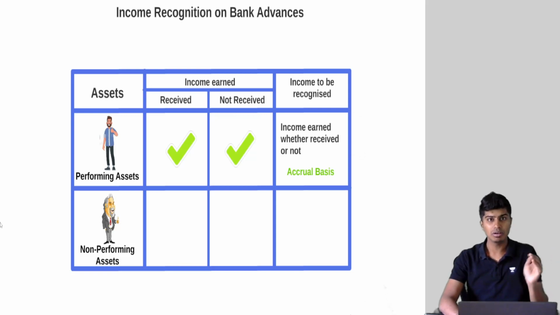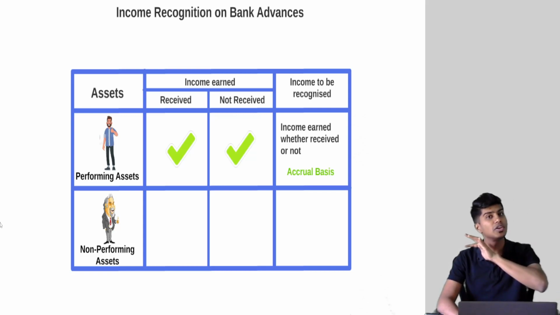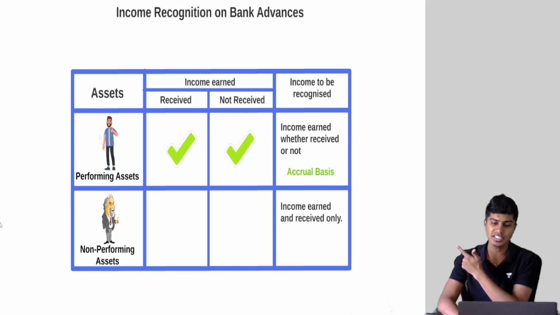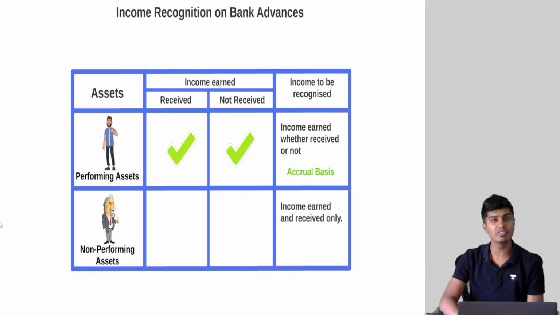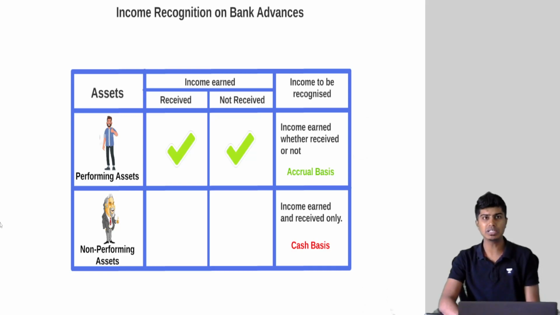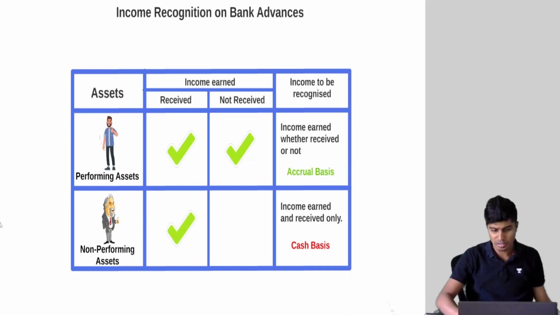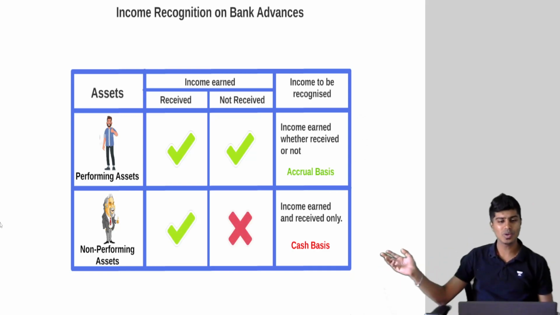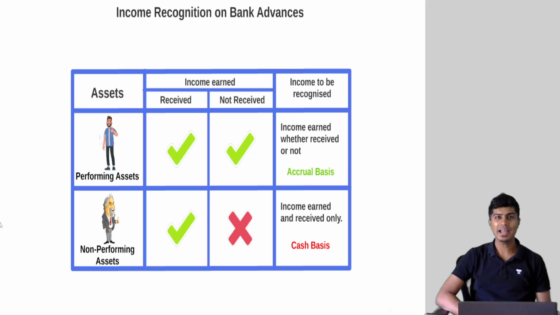If we receive income, recognize. If we don't receive income, we will not recognize. So income earned and received will be recognized. Income earned but not received will not be recognized. See that? Income earned and received only will be recognized. This is based on actual basis or cash basis.